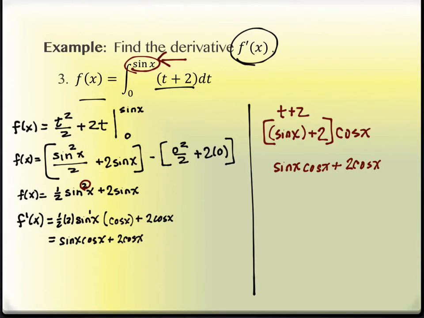What if I evaluated this and I didn't get 0 and I got, say, 7? In the next step, when I take the derivative of 7, what would happen? I'd get 0. It would go away, right? But that doesn't happen if my lower limit of integration is not a constant. It will always happen if it's constant. It doesn't always happen if it's not a constant.